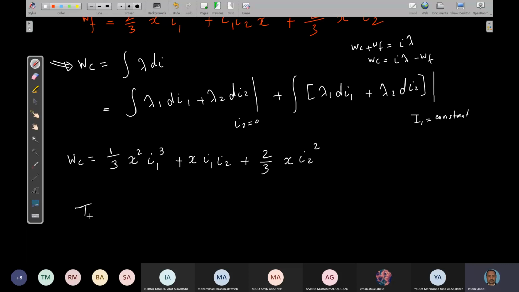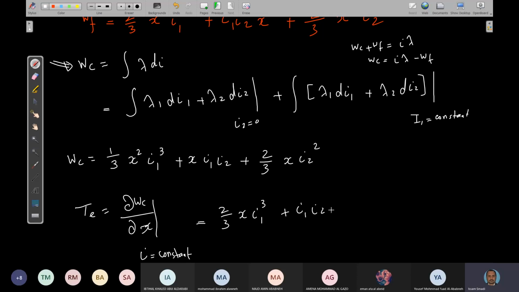So the torque is equal to partial omega c by partial x when I is constant. Now this, if I evaluate, will equal 2 over 3 x I1 cubed plus I1 I2 plus 2 over 3 I2 squared.